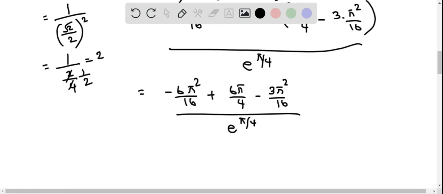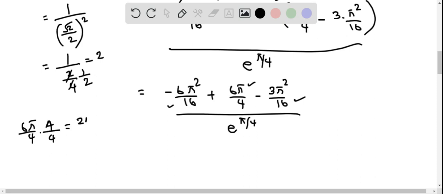Now we see that we have this common denominator 16 here, 16 here, but not 16 here. Instead we have 4 here. So we can rewrite this 6 pi by 4 with the constant denominator 16 by multiplying and dividing by 4.